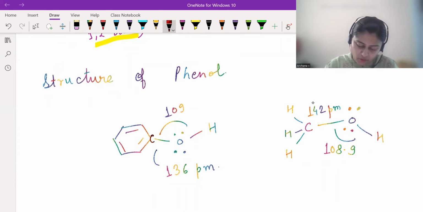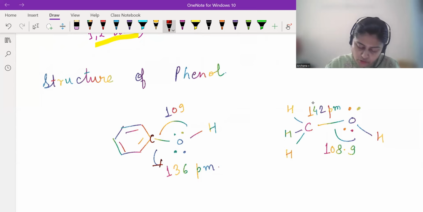So this carbon oxygen bond is 136 picometer in phenol and the angle between carbon oxygen hydrogen is 109, that is less than the tetrahedral angle of 109.5.